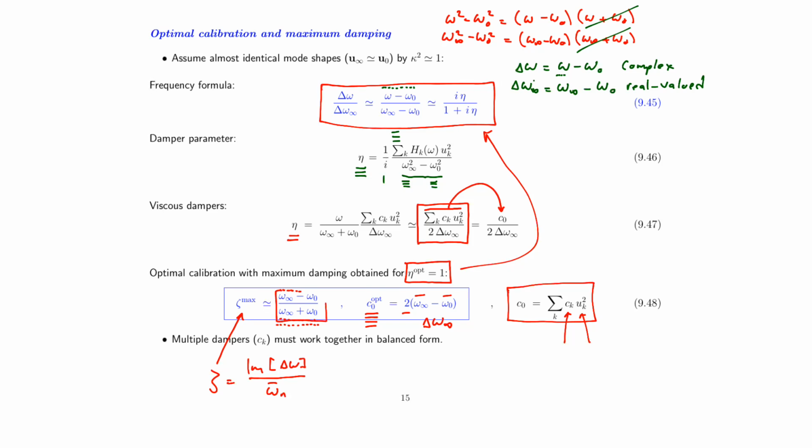So this is the damping you get out of it if you calibrate your viscous damper according to this extremely simple expression. This definitely shows that the math is complicated.